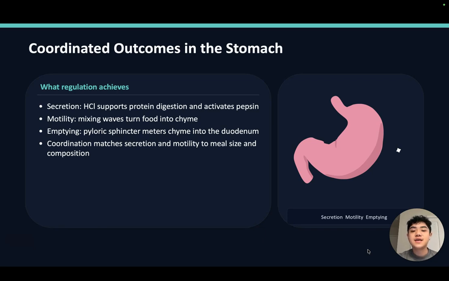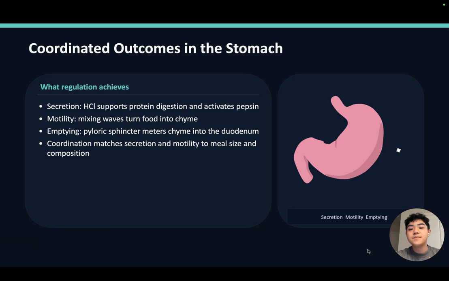The second thing is motility. So the stomach produces mixing waves that turn the meal and blend it with the secretions. This turns the meal into chyme. This mechanical mixing is essential because enzymes work better when food is evenly mixed. The third thing is controlled emptying.